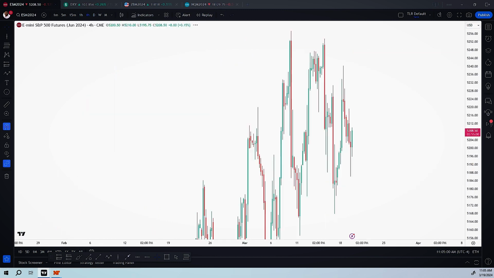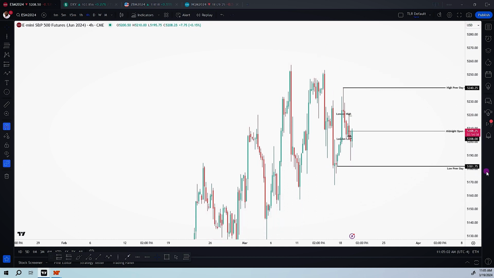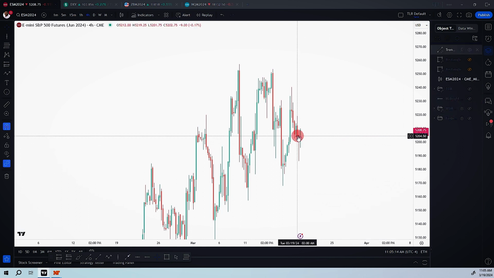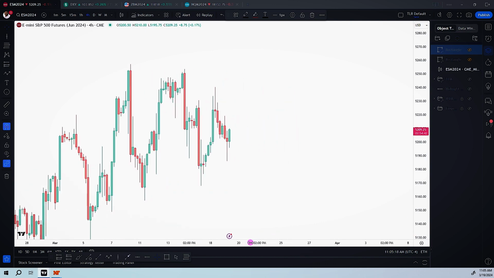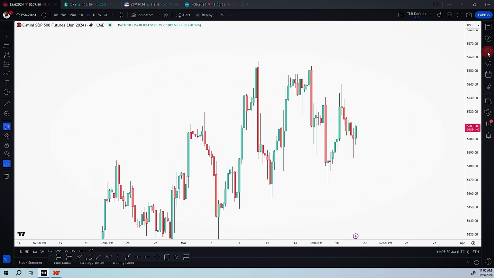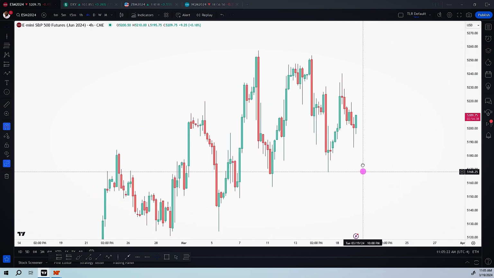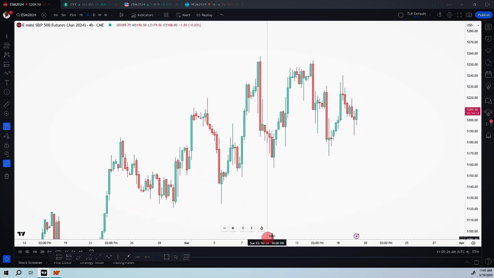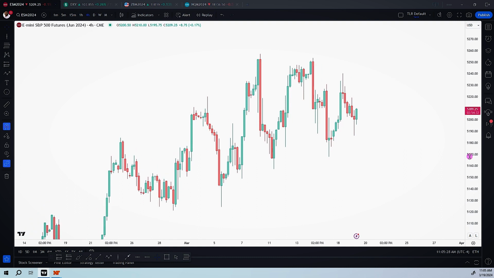No, let's go to a 4-hour chart. Smart money are not going to be banking all of their trading on just the intraday. They're going to be using higher time frames because they have to scale in.